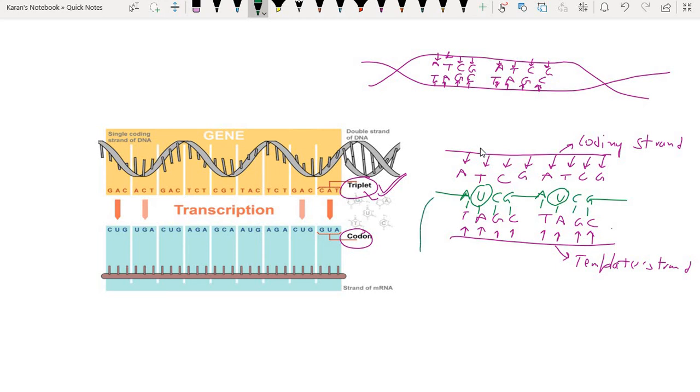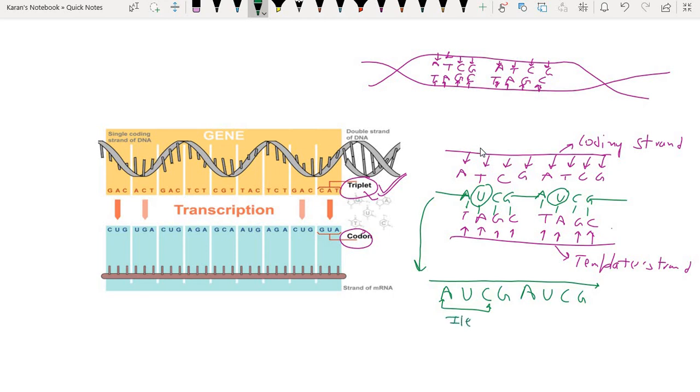Suppose I take this RNA here, A, U, C, G, A, U, C, G. Now as I told you, a codon is a triplet, so this AUC will have some code for an amino acid. Suppose it's a code for isoleucine, ILE.